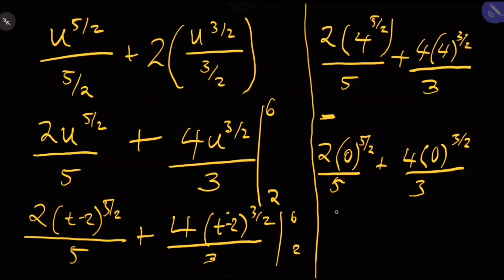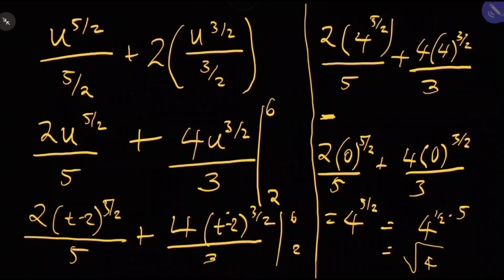So we already see that 4 raised to the power 5 over 2 is the same thing as 4 raised to the power half times 5, and 4 raised to the power half is the square root of 4. So that would give us 2 raised to the power 5.